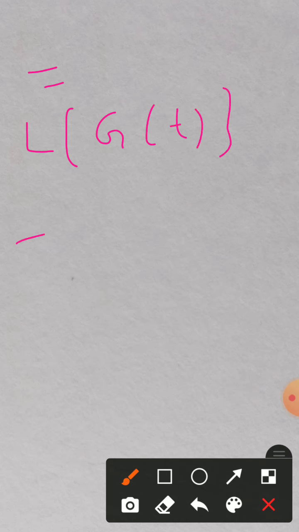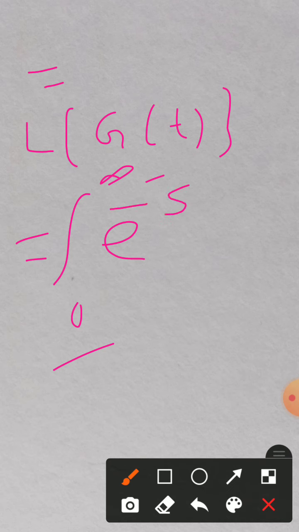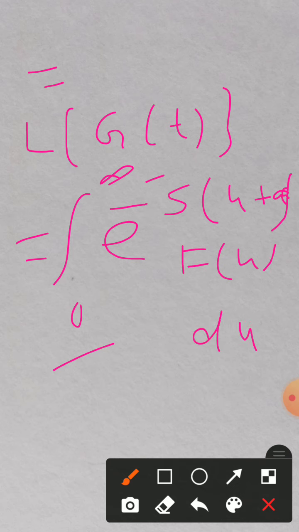Therefore, in this case, the value of L{g(t)}, that is the Laplace transform of g(t), will become the integral from 0 to infinite, because when t is equal to a, u is 0, and when t is equal to infinite, u is infinite. And then e raised to power minus s times (u plus a), f(u) du, because t minus a is u.